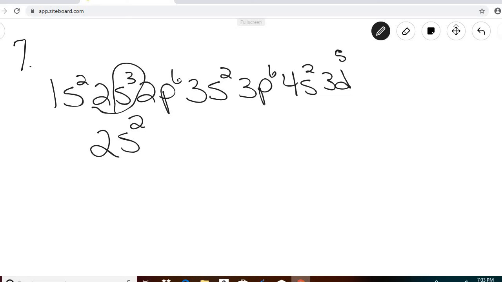So if we correct this and make that a 2s2, then you should be able to figure out what that element is. So 1s2, and so on, 4s2, and then 3d5. This would be manganese.